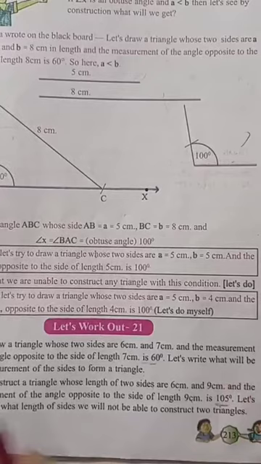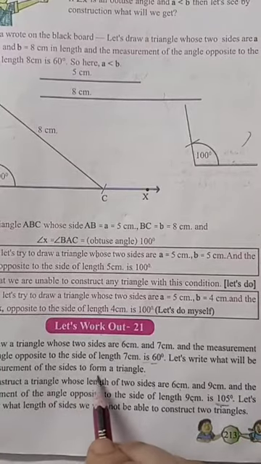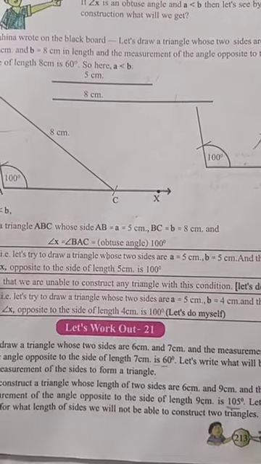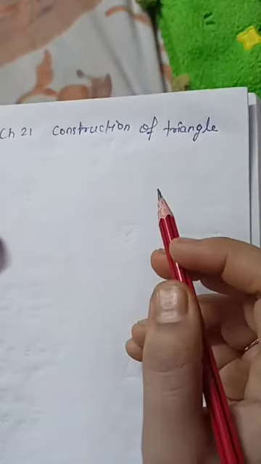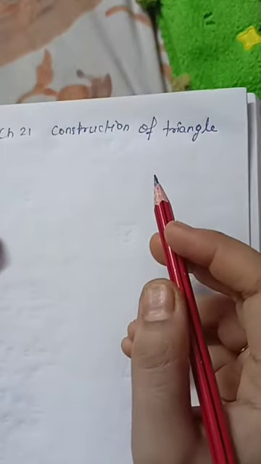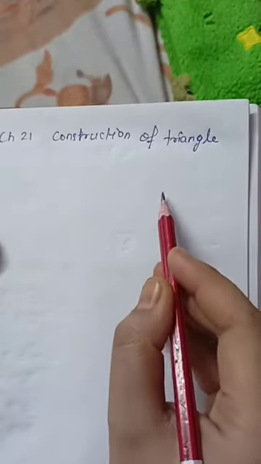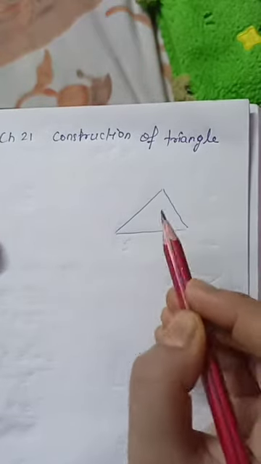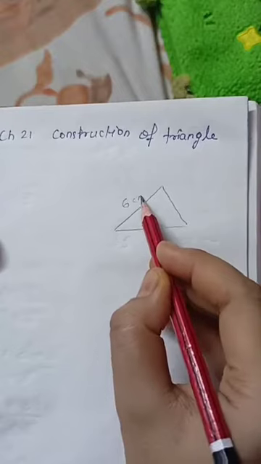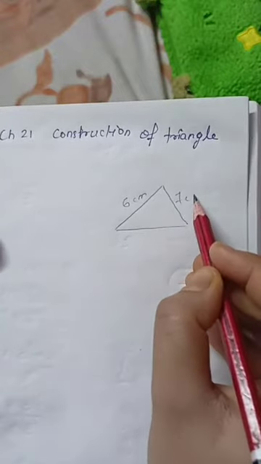Let us write what will be the measurement of the sides to form a triangle. This is our question. So what does this question mean? You have to draw a triangle whose two sides are, suppose this is a triangle, one side should be of 6 centimeter, another side should be of 7 centimeter.